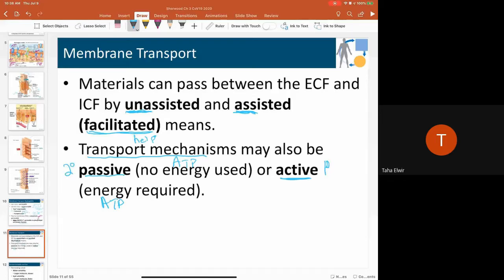So think of using the words secondary to. That means as a result of something that happened. So while this protein is not directly using ATP, it's doing a passive movement. It's relying, so no energy is used, but the protein is relying on a concentration gradient.